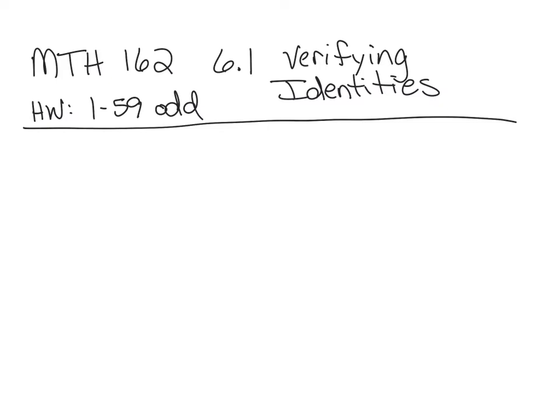Okay, so far, the identities that you know and need to be able to use are the reciprocal identities. Secant is the reciprocal of cosine. S goes with C, C goes with S. So cosecant is the reciprocal of the sine.